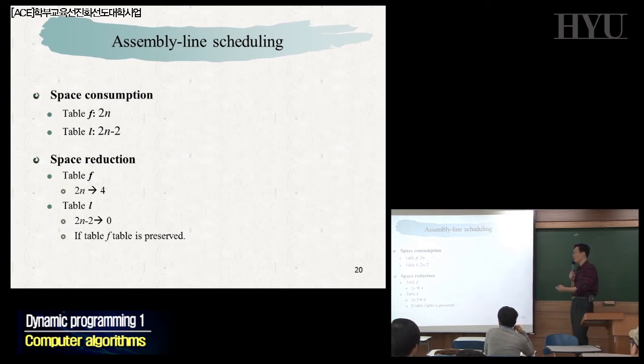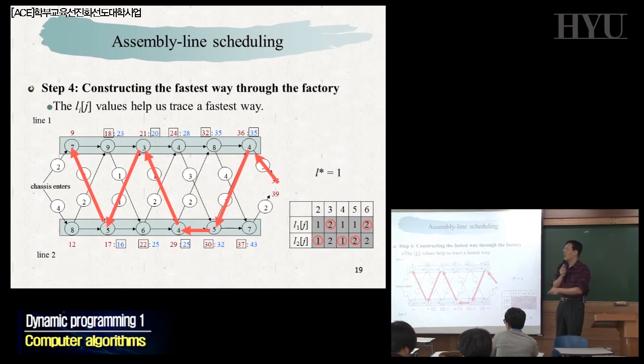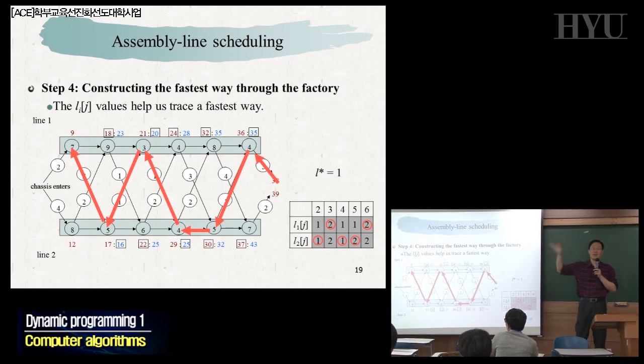Okay, then we have a quiz like this. We can reduce the number of entries in table F from 2n to 4. When you compute these 2 values, we only require the previous column. We don't have to store all the previous columns except the column right before.